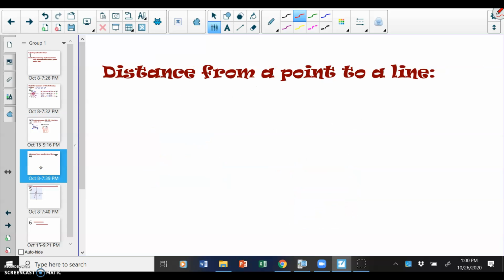So, a couple steps for when I want to find the distance from a point to a line. Step 1 is we want to draw a perpendicular line.